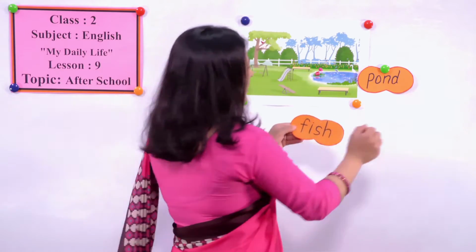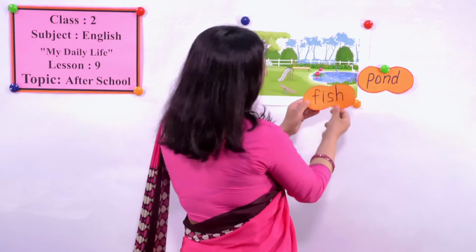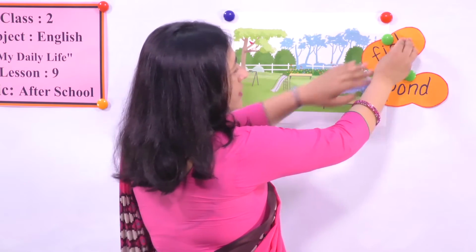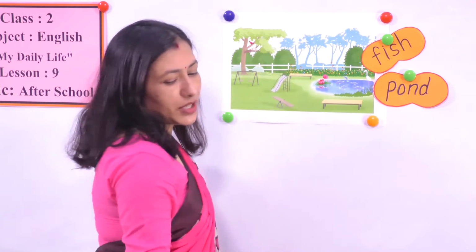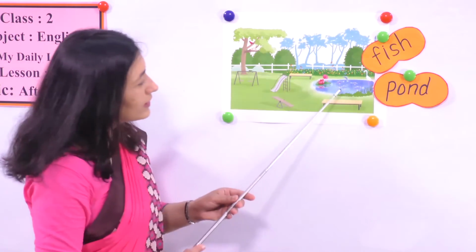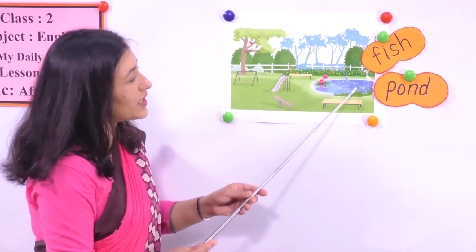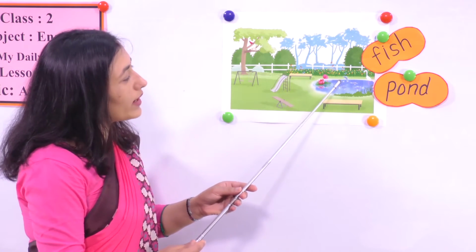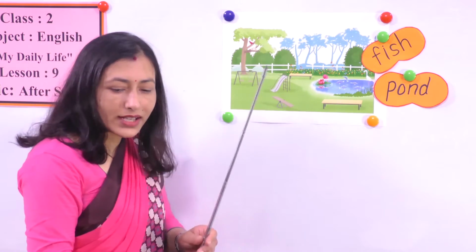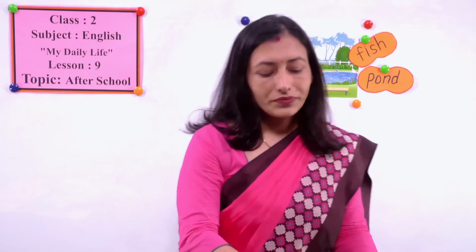Now, let's find fish and paste the word near the picture. We can see fish here. Fish. Yes, many fishes. One fish. F-I-S-H. Fish. Very good.